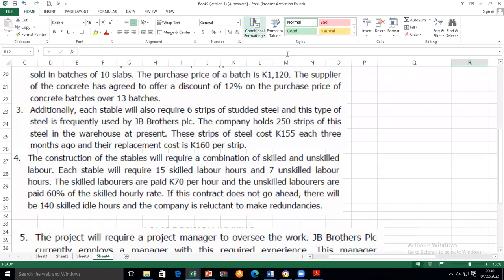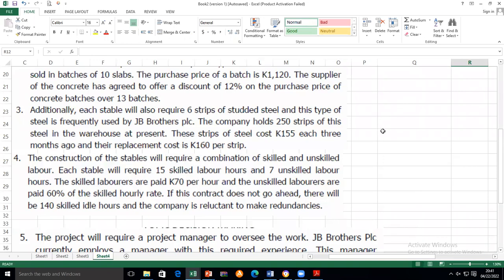So we need how many hours actually? We need 600. So out of 600, you remove the 140. Those 140, they are idle, whether you work or not.